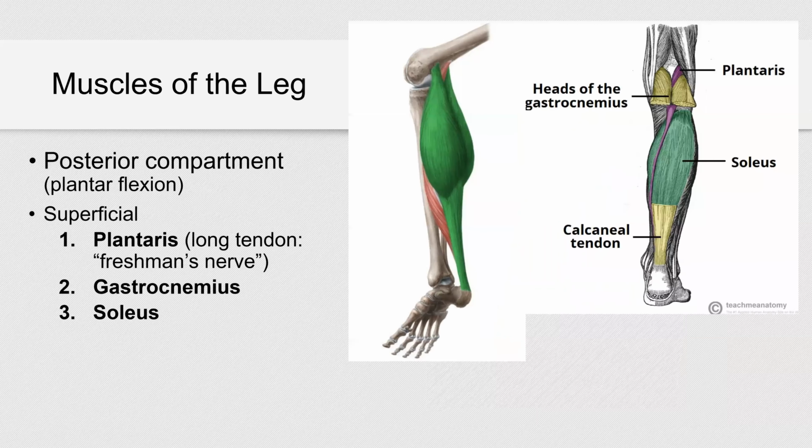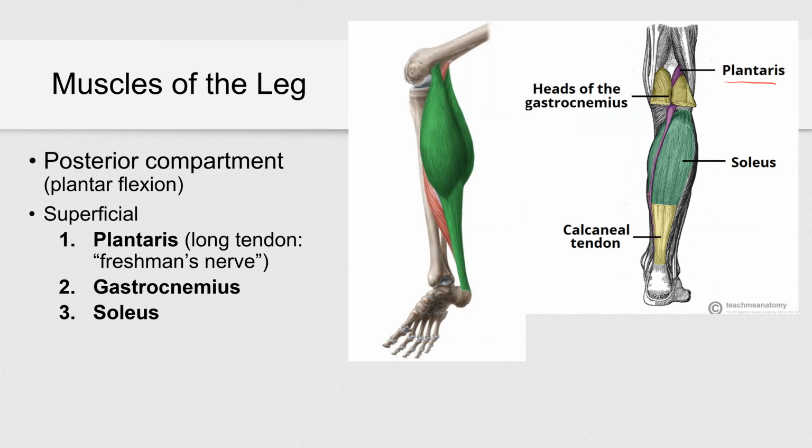In the posterior compartment, we have several layers of muscles. So we have superficial and we have deep. The posterior compartment is for plantar flexion, and superficial muscles include plantaris. Plantaris is this muscle shown here in purple. It has a small belly and a very long tendon.